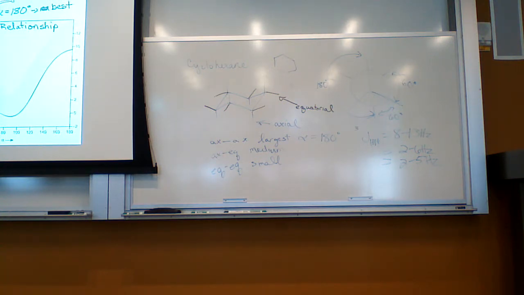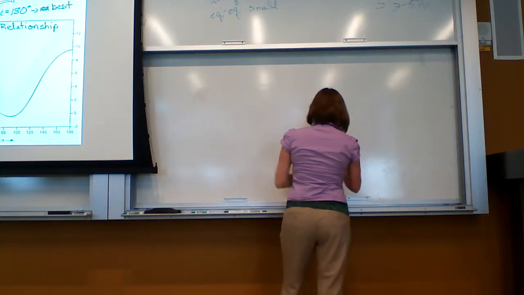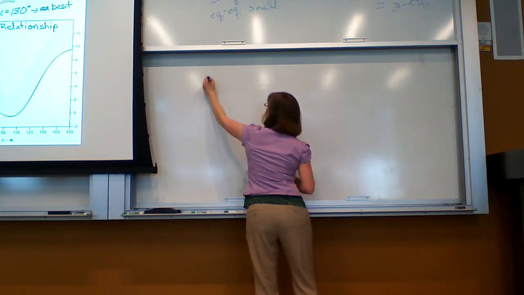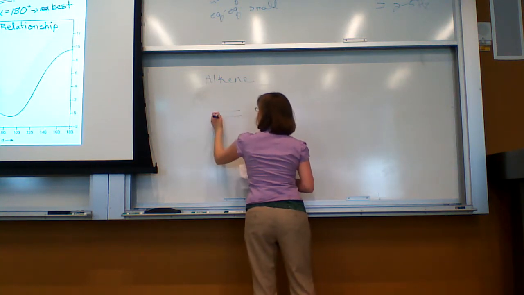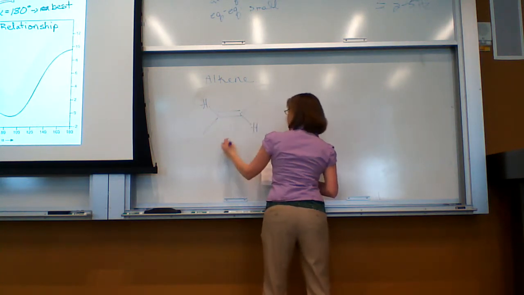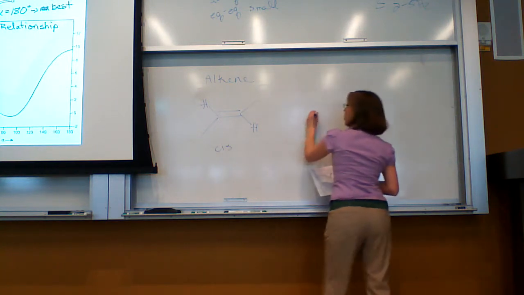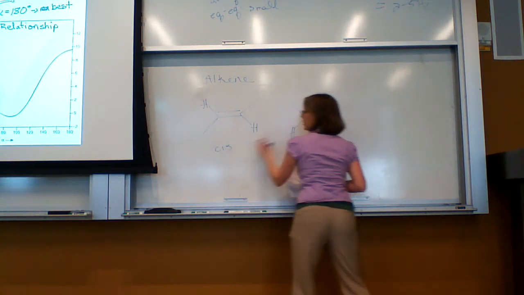The other example I have is on an alkene, and we'll talk more about alkenes on Monday. If you have an alkene, it's very common to have either a cis alkene or a trans alkene. No, I totally labeled that wrong.